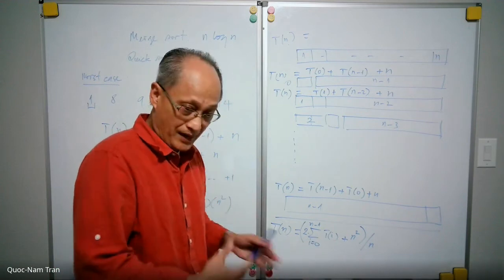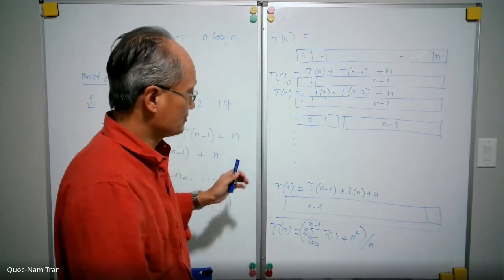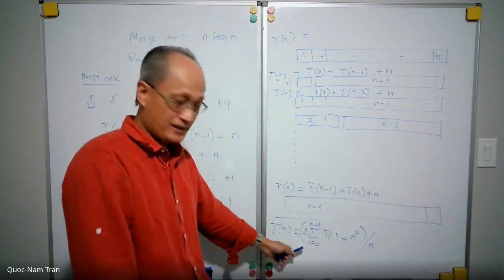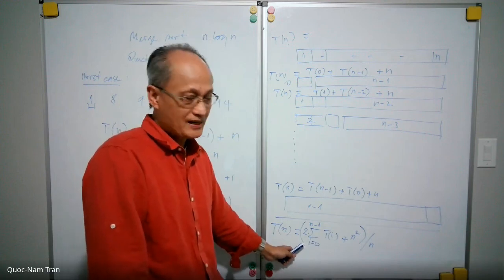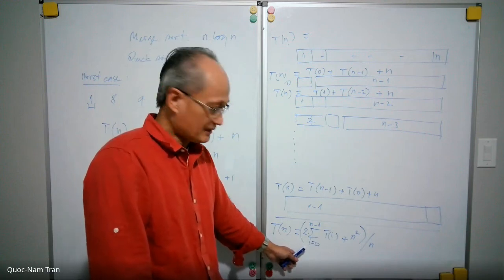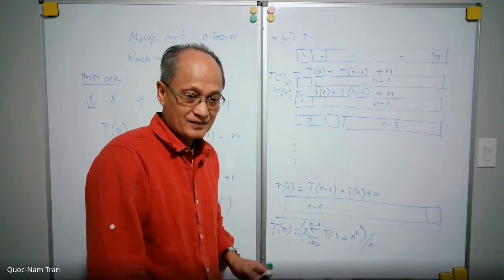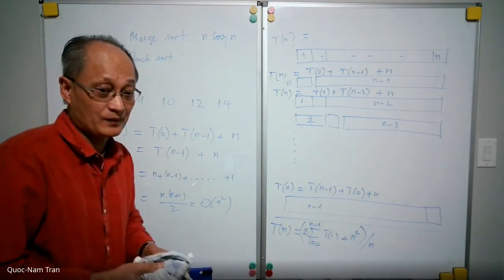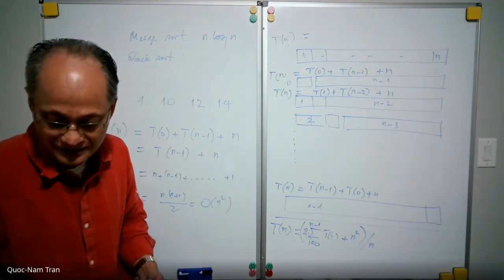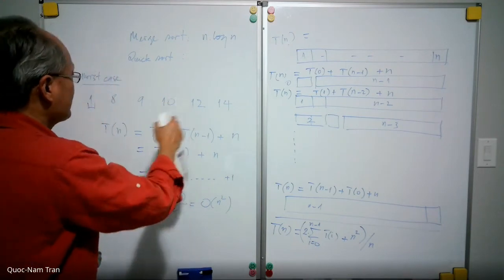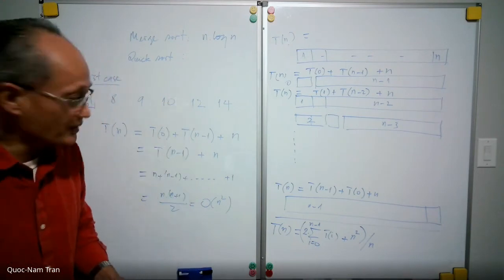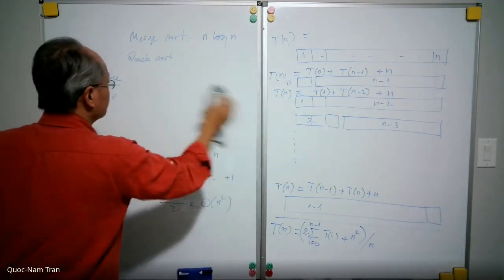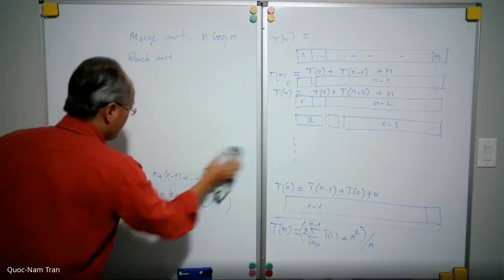Because in the past we solved, let's say Tn is 2 times T of n over 2 plus something, right? But this one is the whole sum. So we have not seen something like this before. But can we solve this? Yes, we can. Okay, so you will learn a technique that will be used many, many times when you analyze an algorithm similar to what we have as quicksort here. Okay, so average case.